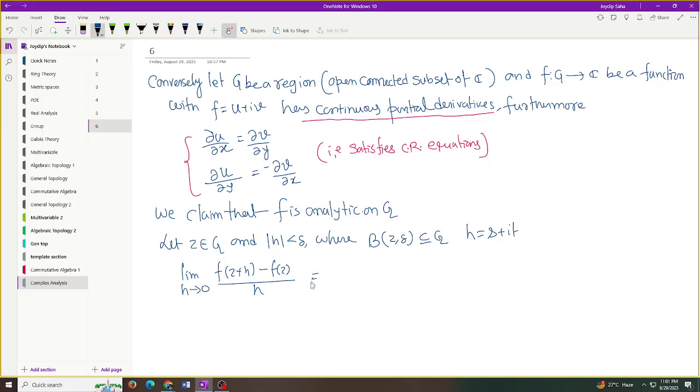So I calculate it. Limit as s plus it tends to 0 of u(x plus s, y plus t) minus u(x,y) plus i times v(x plus s, y plus t) minus v(x,y), by s plus it.